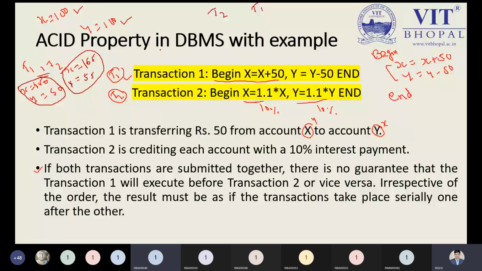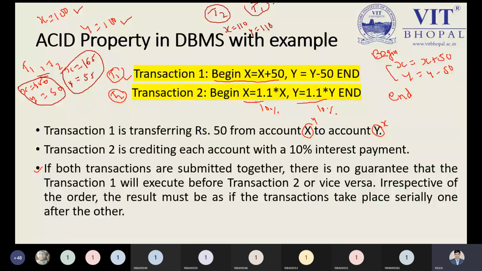Okay, but if you are choosing the order where T2 executes first and T1 next, then what would be the updates? T2 first, so X will go up by 10%, so it would be 110. The value of Y will also be 110, because we are crediting 10% to both accounts.